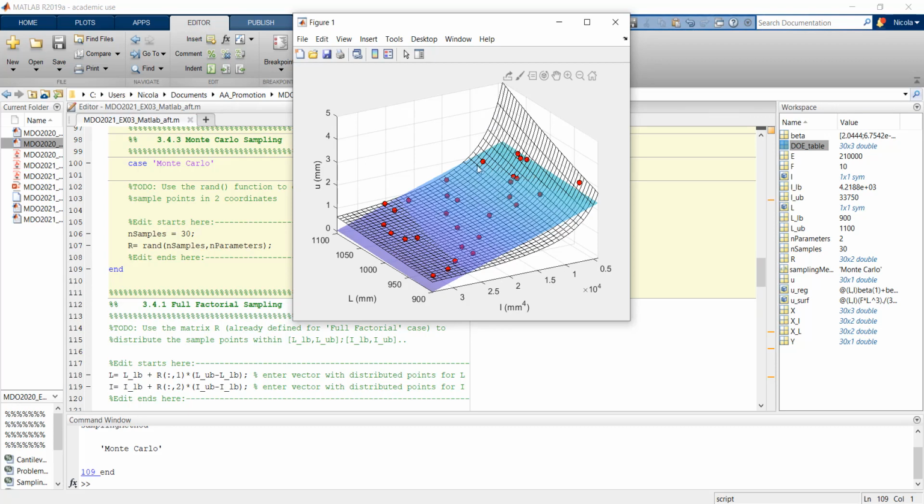So looking at it, we got here our objective function as it would look analytically, and then we got the random values that are distributed randomly over our design space, and we got a linear regression model that's somehow approximating this objective function. Well, if you do it, it will most certainly look different from mine.